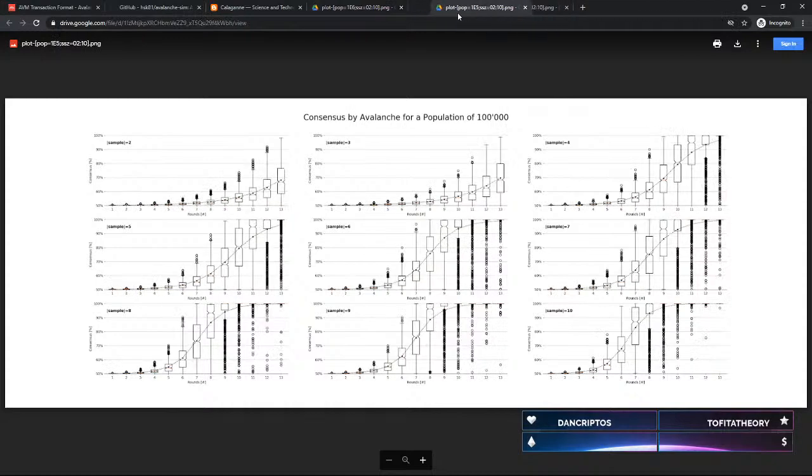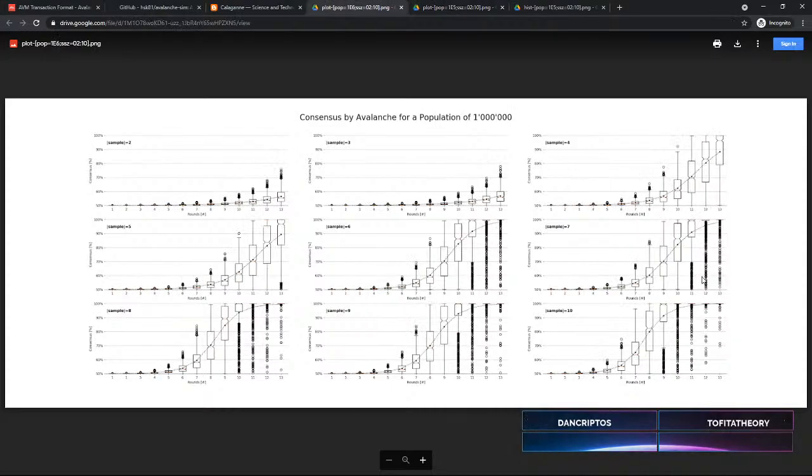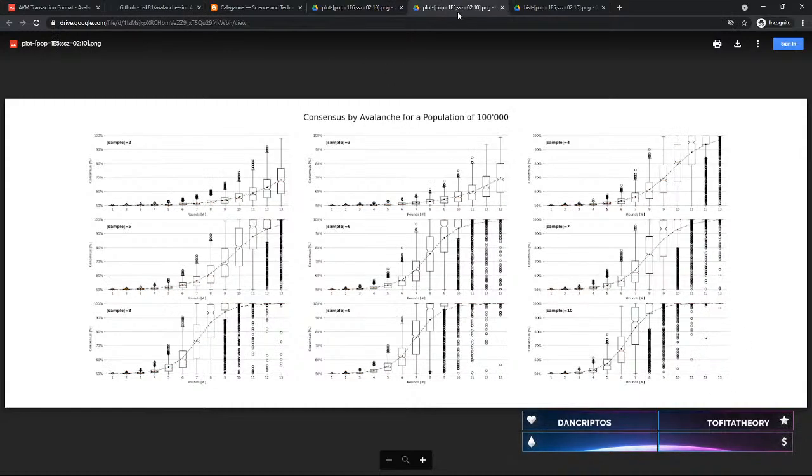So one thing I want to point out with what I said before is the number of nodes. I want you to notice this graph here on the bottom right hand side, the sample 10 graph. Notice round 11 on the 100,000. Then we go up a factor of 10 to the 1 million. Notice that the 13th round on a million looks very similar to the 11th round on 100,000.